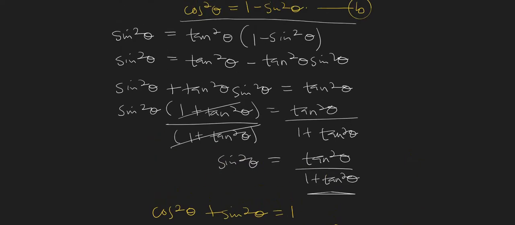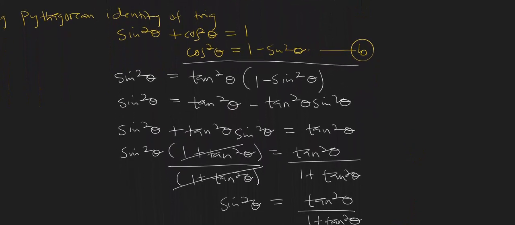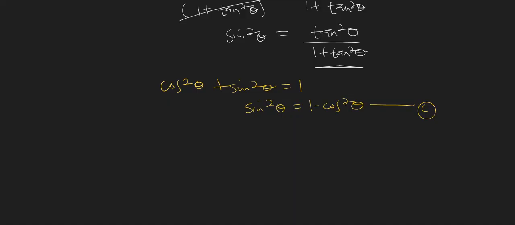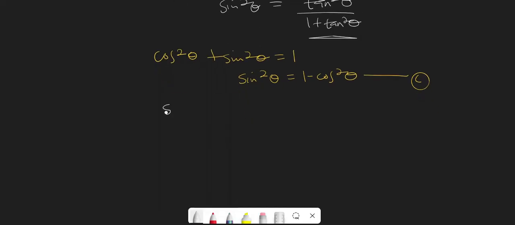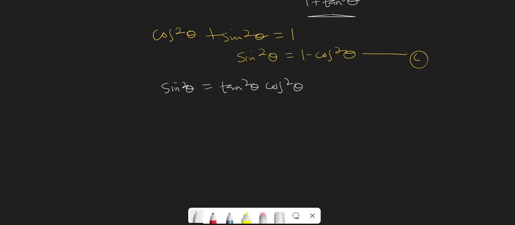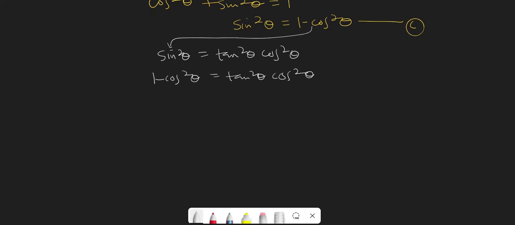So our equation A was sine squared theta is equal to tan squared theta cosine squared theta. So wherever you see sine squared theta, you can just plug in 1 minus cosine squared theta, so 1 minus cosine squared theta is equals to tan squared theta cosine squared theta.